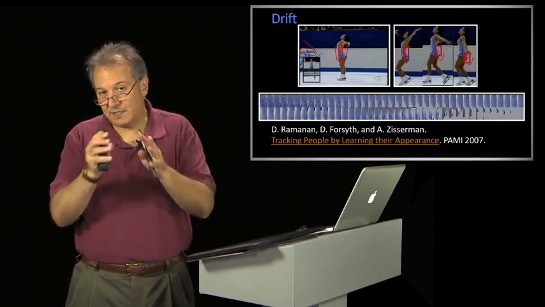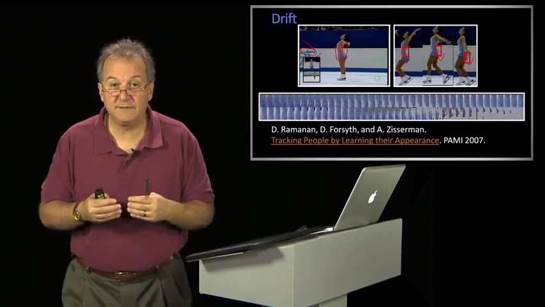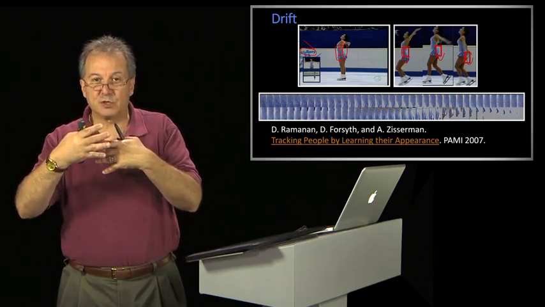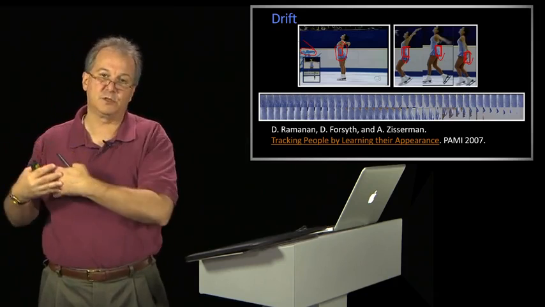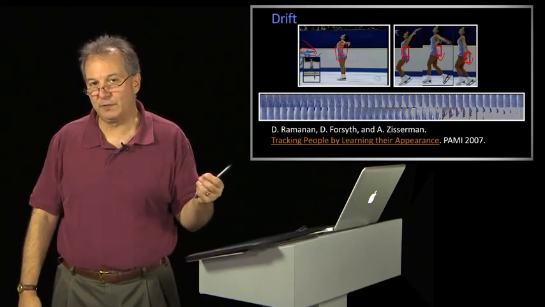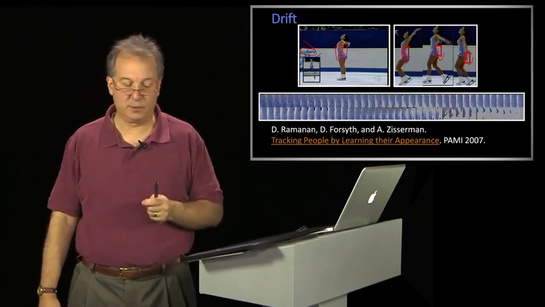All we did was generically give the algorithm. P of z given x might be how well do I match the pixels. Well, but if the pixels are changing, I have to change my sensor model. So that's the place in the algorithm where that notion of how well do I hold on to my old model versus change it stays.